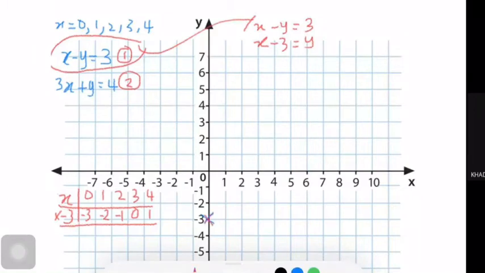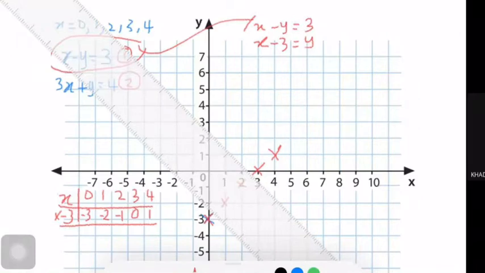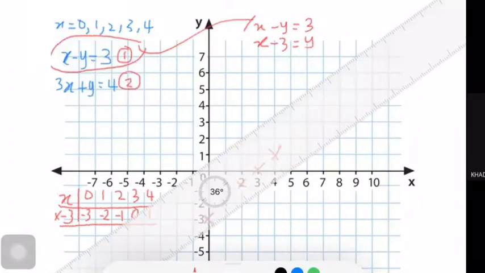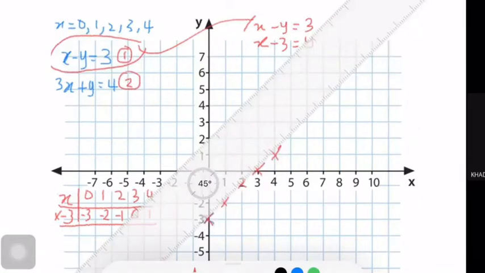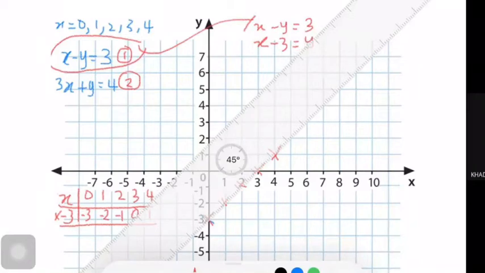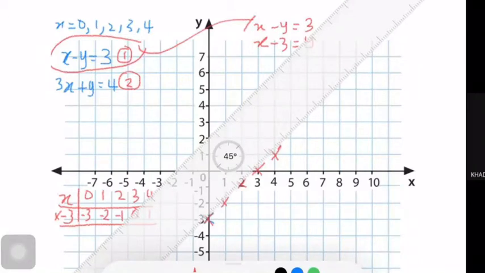Okay, 0, negative 3, and then 1, negative 2, 2, negative 1, somewhere here, 3, 0, and 4, 1. Alright. Okay, so we take a ruler and draw the line. Take the ruler and join all the points.